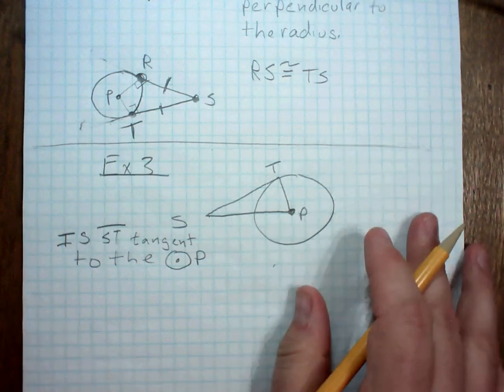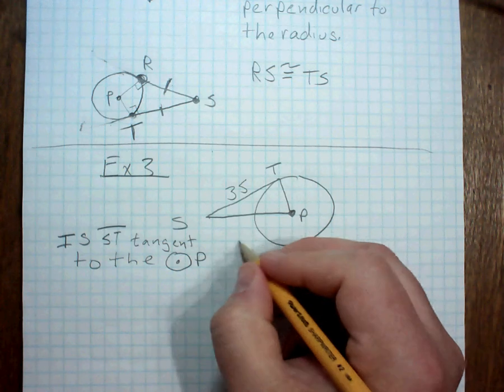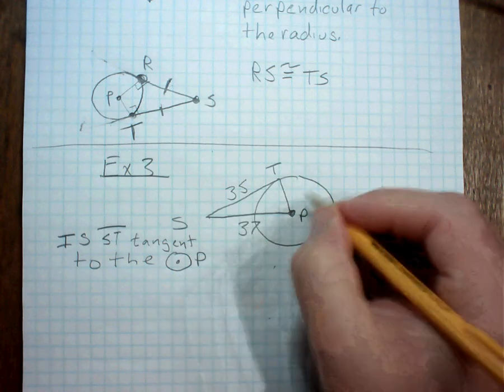Oh, and they give us some information. This is 35, from here to here is 37, and from here to here is 12.